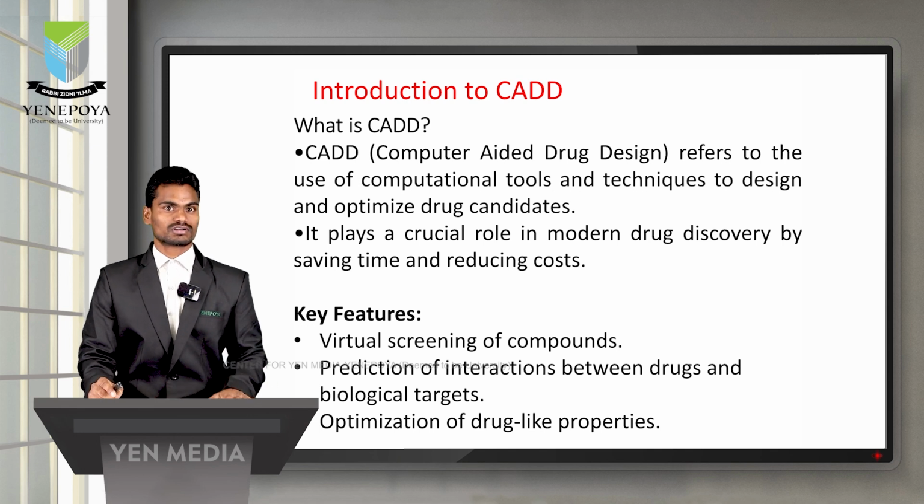In optimization, we keep on adding or deleting some chemical elements from the structure, so that it will have better affinity and better pharmacokinetic properties.